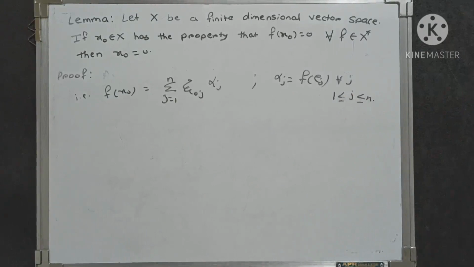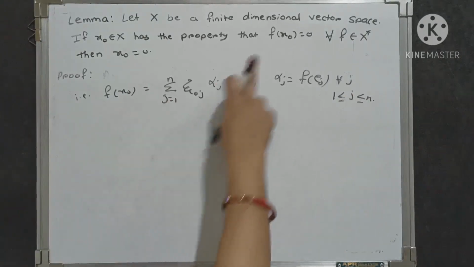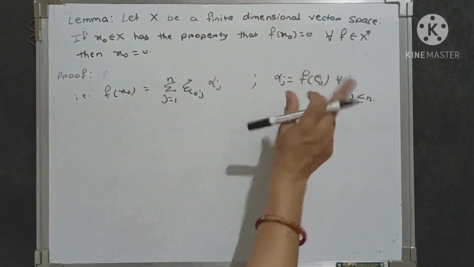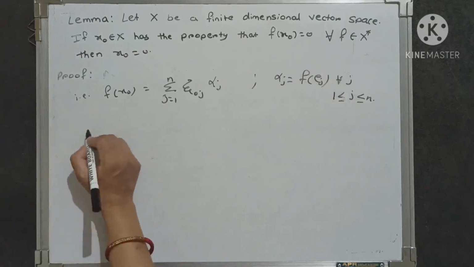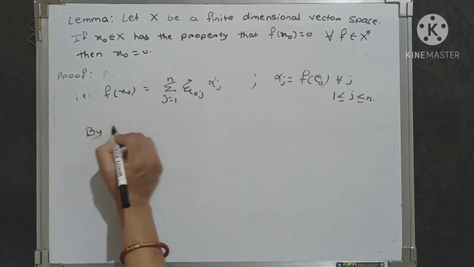But we are given that f of x naught equals 0 for every f belonging to X star, by assumption.